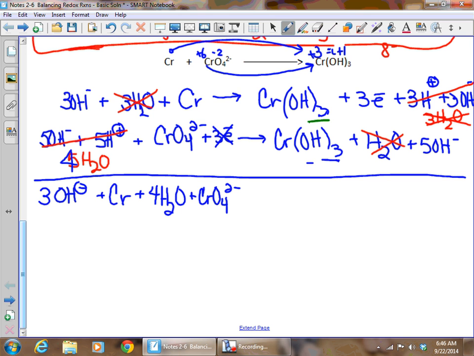Our electrons, remember, cancel out in both spots. Now look up here, we've got 2 chromium hydroxides up here, so let's just go ahead and combine those together. There's no sense in writing them separately. We're going to have to put them together in a moment anyway. And then 5 hydroxides.